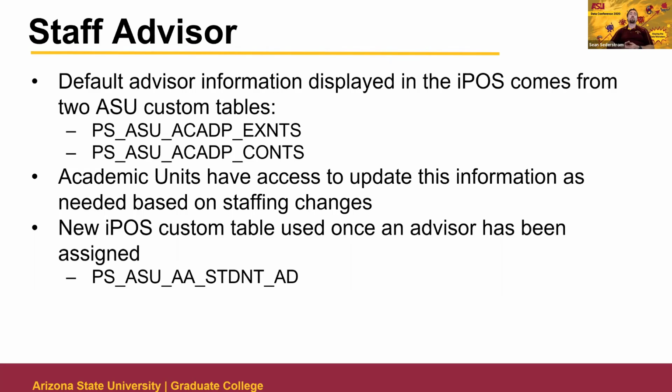The contacts table is the one that contains the actual advisors. But as I mentioned, we've now created a custom table for the tool that will store specifically assigned advisors for those students. So if you ever want to see what advisor is assigned to any specific student, that's the table to look at.